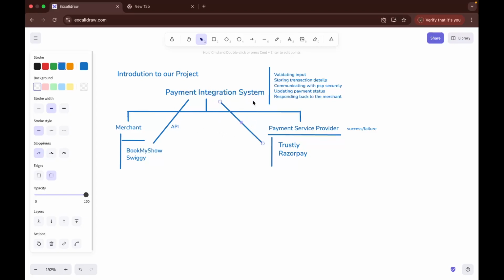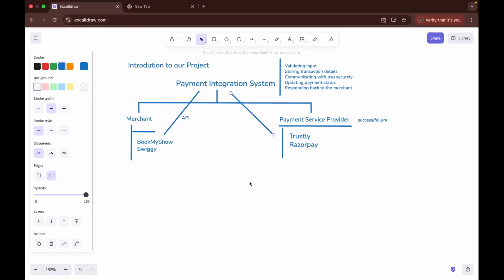Then the payment integration system communicates with the payment service provider, which checks whether the payment is a success or failure and sends the response back. The system updates and checks the status and then forwards it back to the merchant application.